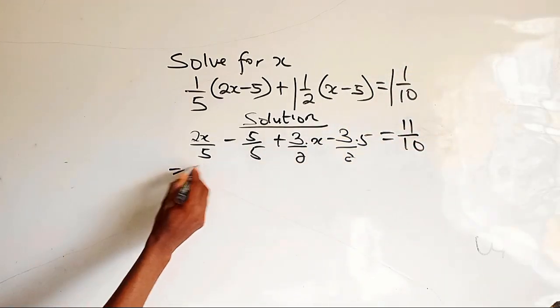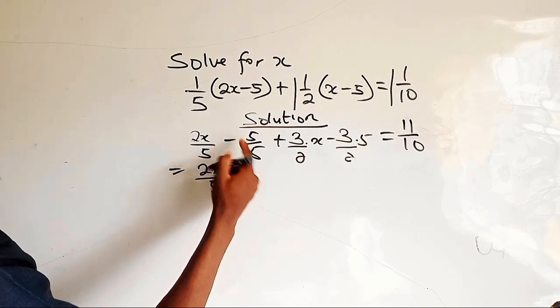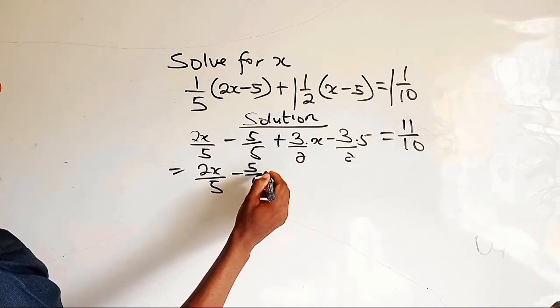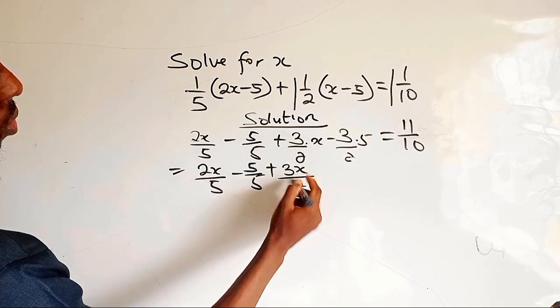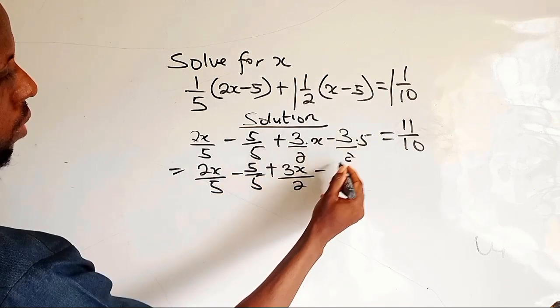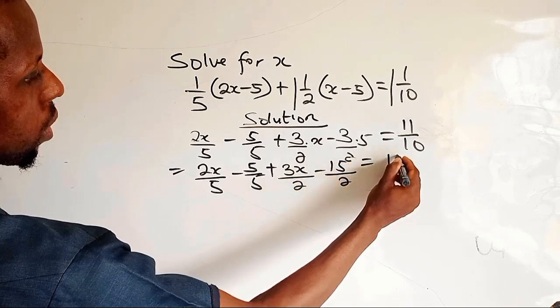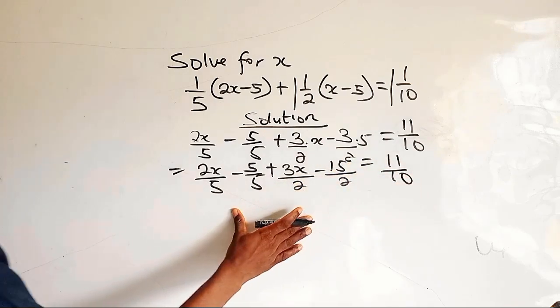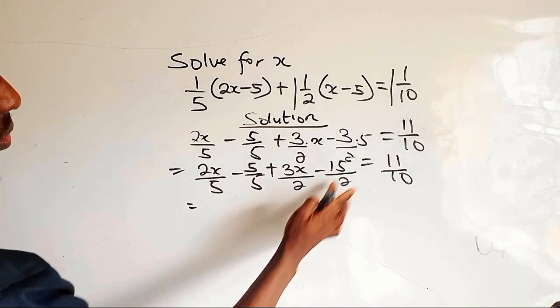So we can write this as 2x over 5 minus 5 over 5 plus 3 times x is 3x over 2, minus 3 times 5, this is 15 over 2, equals 11 over 10. So from here we can collect the like terms.